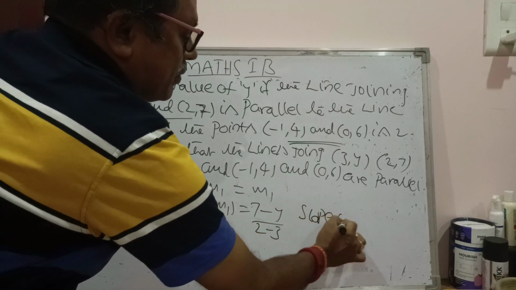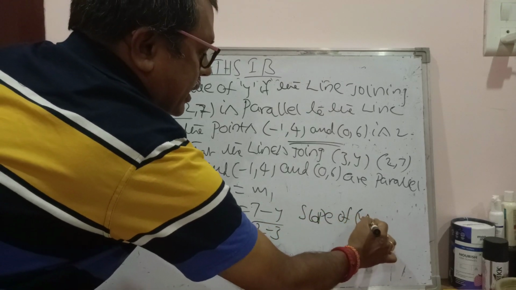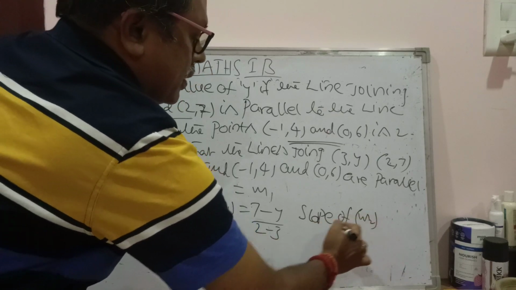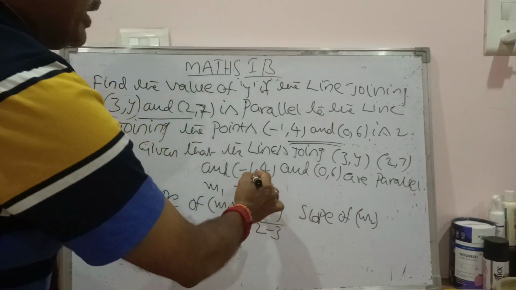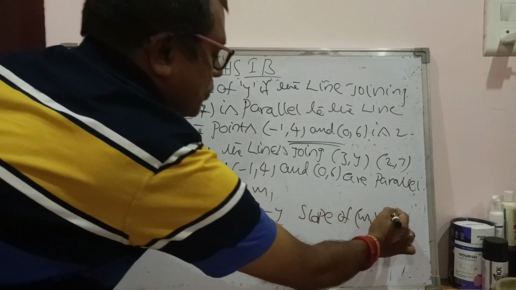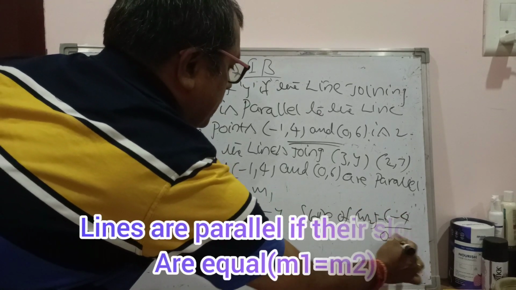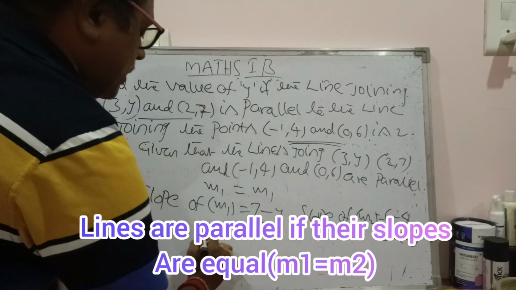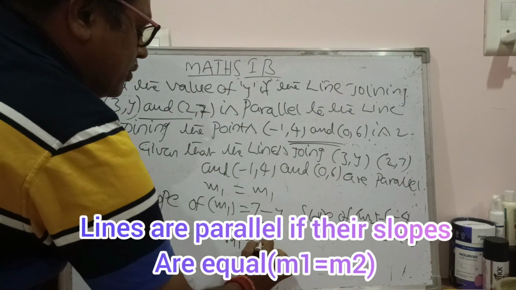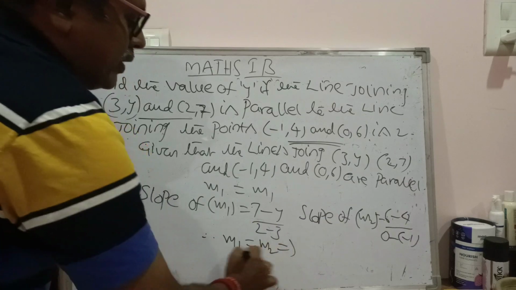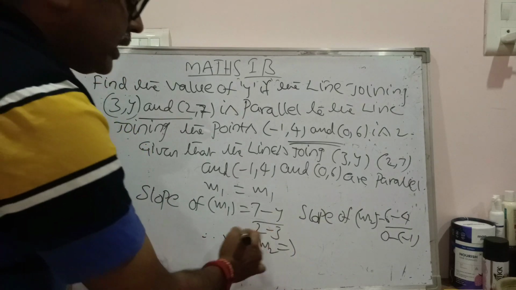The slope of the line joining the next 2 points, (minus 1, 4) and (0, 6), is (6 minus 4) by (0 minus of minus 1). But m1 is given to be equal to m2 because the slopes are equal.